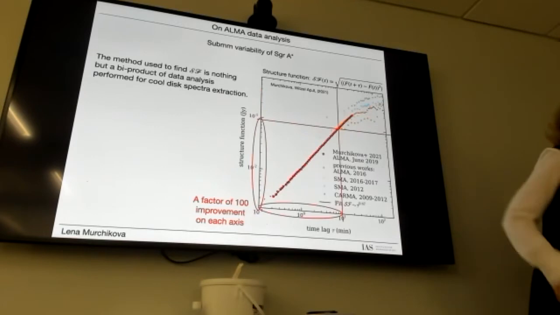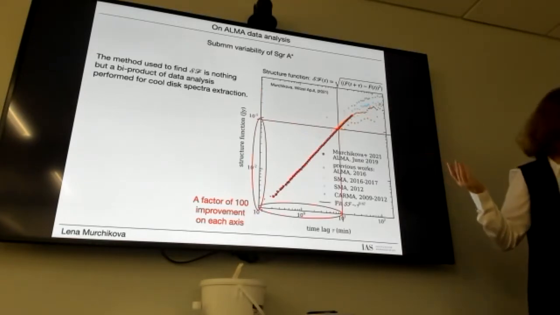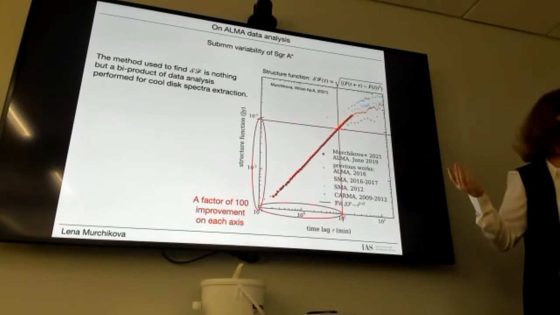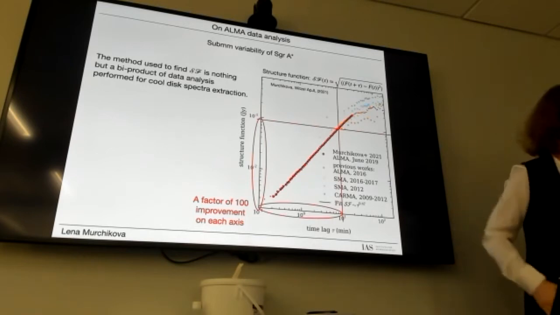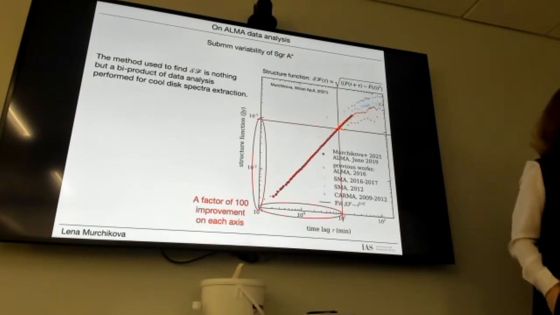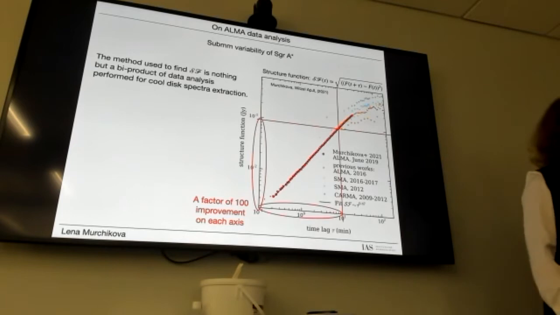And this is nothing but a byproduct of the data analysis which is done for the cool disk detection in the galactic center. Because what is done for the cool disk is, I showed you the spectrum, a few milli-Jansky spectra.